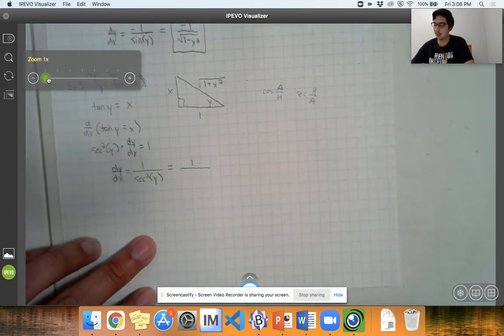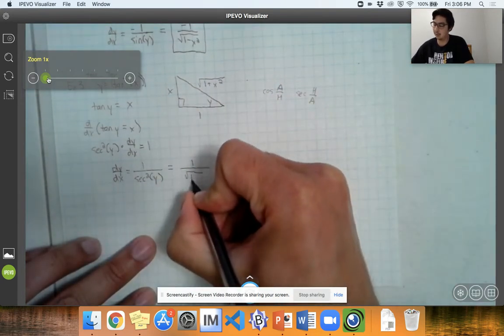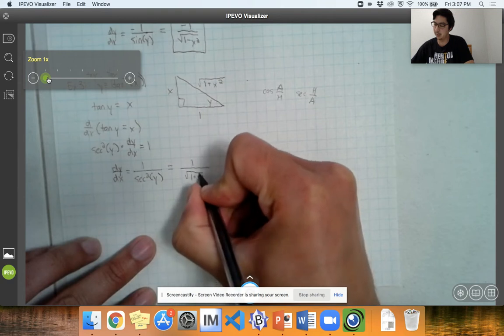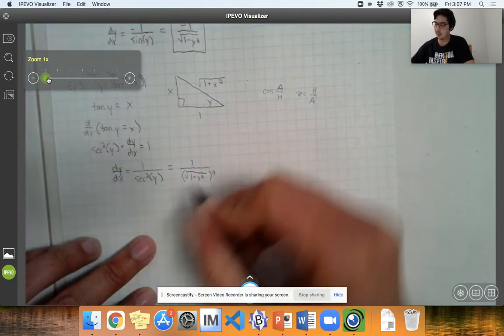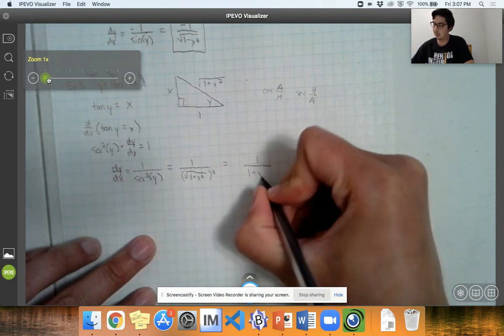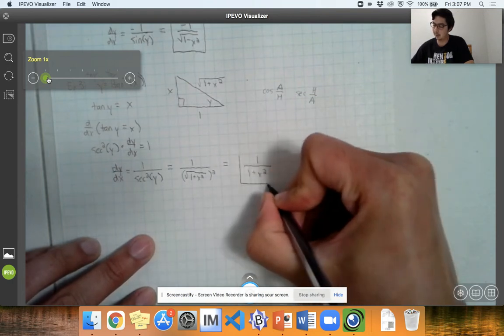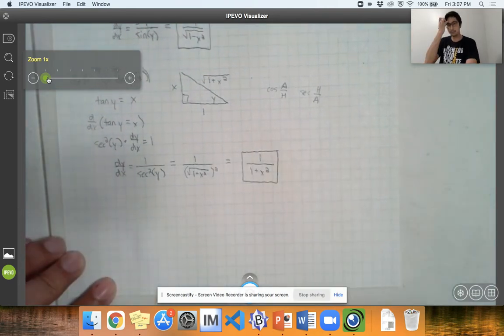A little shortcut. So then hypotenuse over adjacent is going to give us the square root of 1 plus x squared over 1. And then secant squared means all of this is squared. So what you end up getting here is 1 over 1 plus x squared. And there's the derivative of arctangent of x. Good.